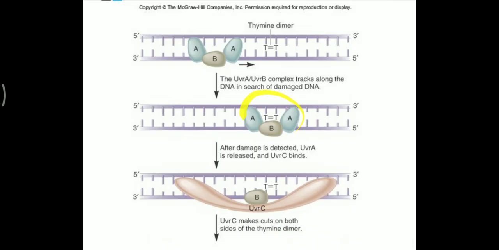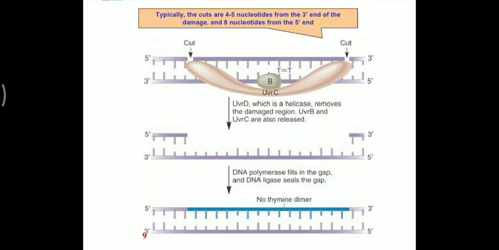After detecting pyrimidine dimers, the UvrA protein is released and the UvrC protein binds to the UvrB protein. The UvrC protein makes cuts on both sides of the thymine dimer, cutting the surrounding portion of the dimer. Usually UvrC cuts 4 to 5 nucleotides from the 3' end of the damage and 8 nucleotides from the 5' end of the DNA.